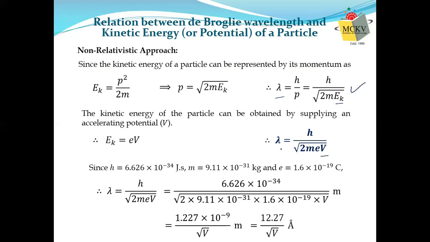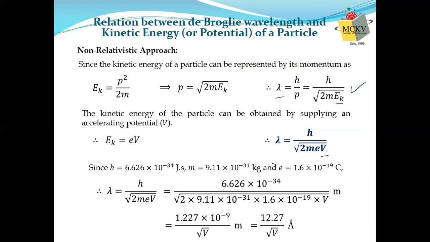In angstrom, the value will be 12.27 by root V. Therefore, if the accelerating potential supplied to the electron is known, that is V is known, then from this formula we can directly estimate the wavelength of the matter wave or de Broglie wave.